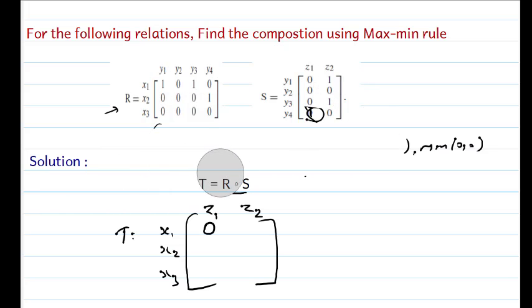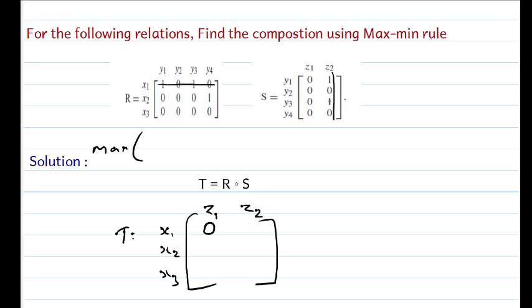Now how do we find the second element? We do the same thing but in a different way. We write the max. In this case we take the first row and second column.